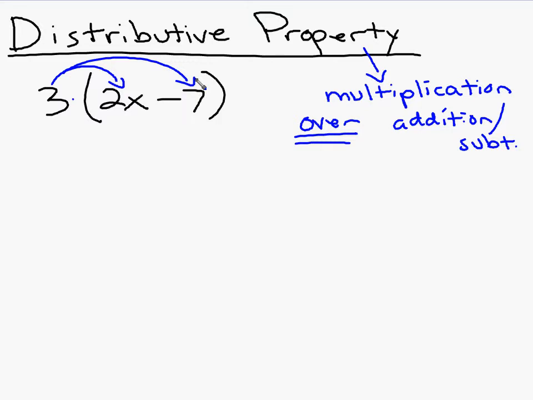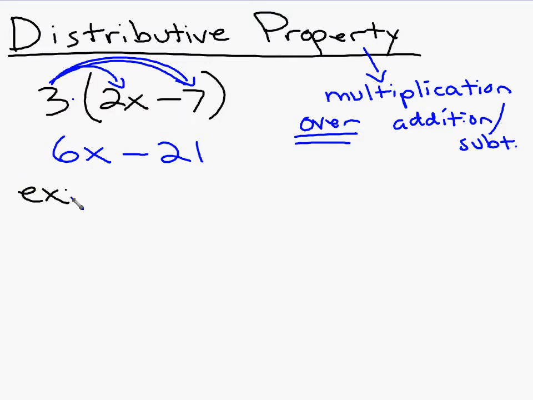What is 3 times 2x? 6x. And notice I said it's over top of, so this minus is just going to come down for now. And then 3 times 7 is 21. And that is how the distributive property works. That'll be our first example.